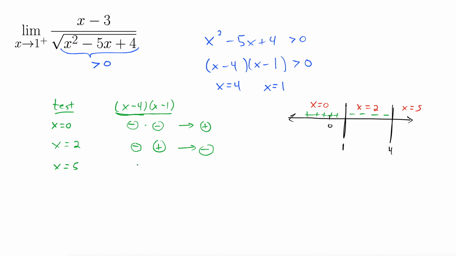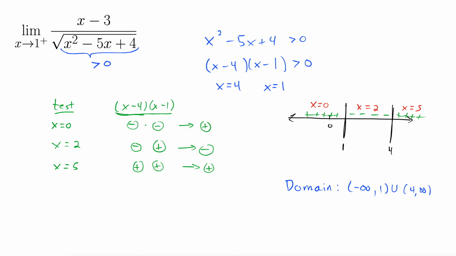Plug it in, 5 minus 4 positive, 5 minus 1 also positive, positive times positive, clearly positive, so this whole region is positive. Okay, so what that tells us is this thing is greater than 0. It really gives us the domain because the function is only defined where this thing is greater than 0. So the domain is negative infinity up to 1, union 4 off to infinity.